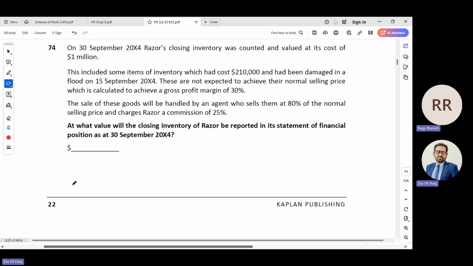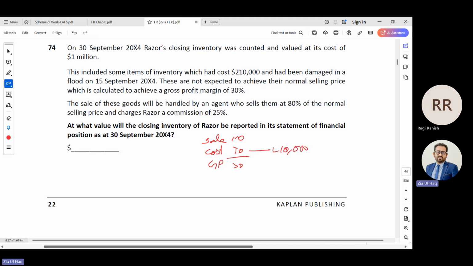Yes, for this 210. We know sale less cost is equal to gross profit. If this is 30%, this is 100, this means the cost itself is 70%. This 70% we have as 210,000.